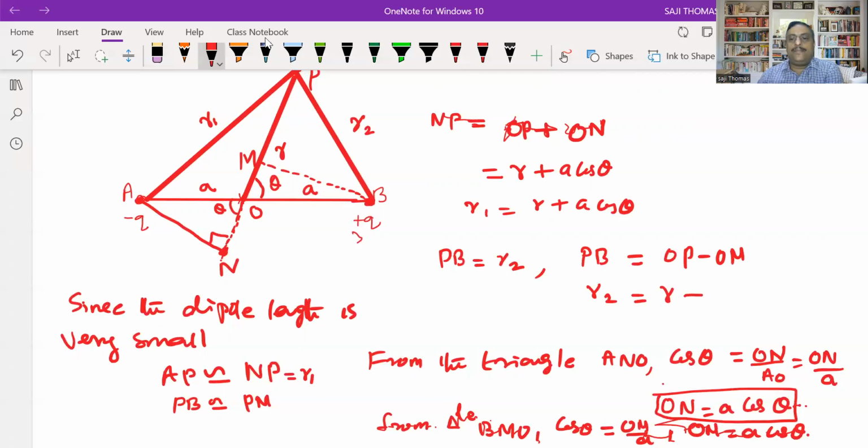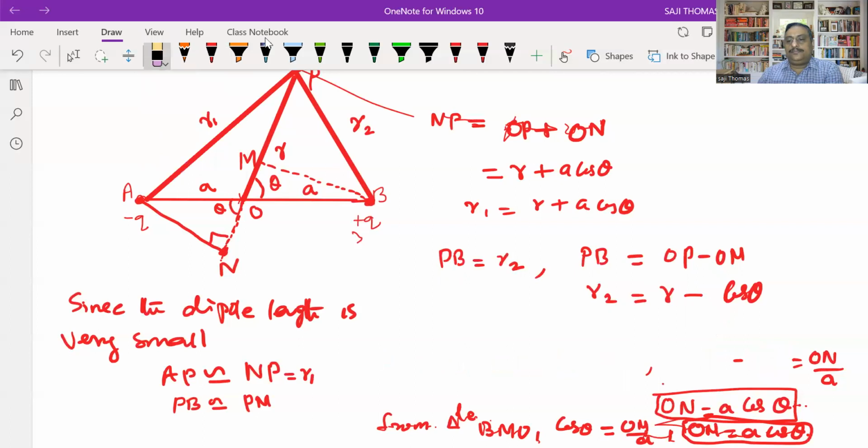R minus OM. OM we found out here, A cos theta. So R2 equals R minus A cos theta. Okay, children, I think it is clear till here.